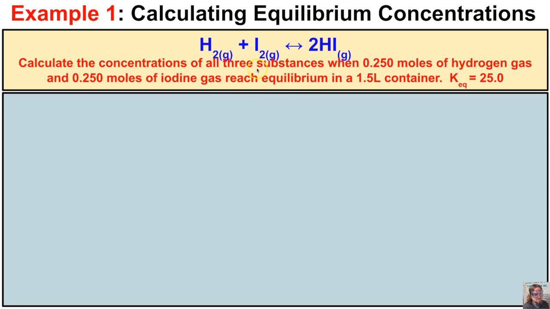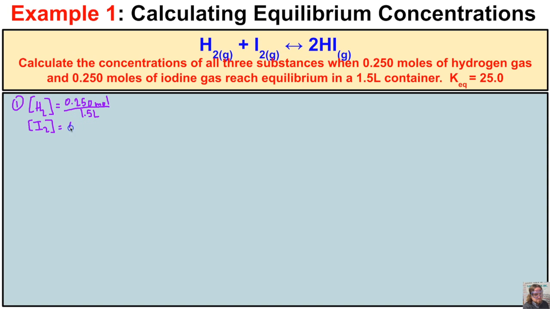So first thing that we have to do is figure out the concentration of H2, and we need to figure out the concentration of I2 that we're starting off with. So in order to do this, it says that we have 0.250 moles of H2, and we have a 1.5 liter container.